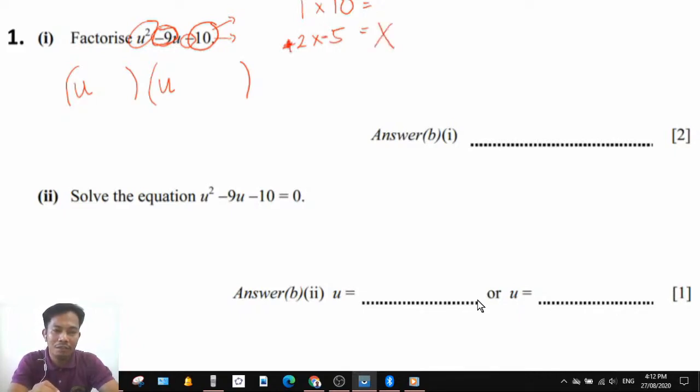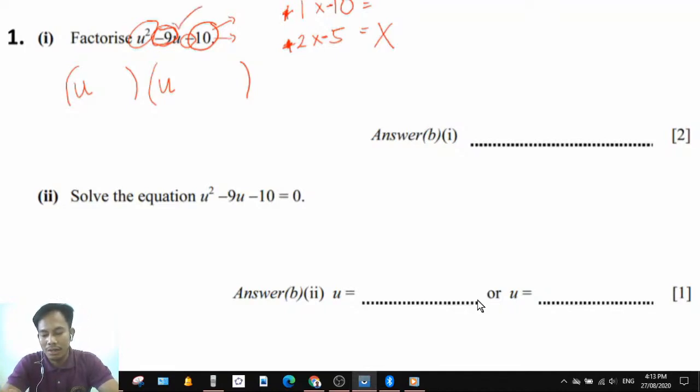But if I add the two numbers, negative 1 plus 10, it will become positive 9. So it cannot be. So this should be negative 10. Negative 10 plus 1 is equivalent to negative 9. So I got it. So it should be 1 times negative 10, which is negative 10. So I'll have now negative 10 and positive 1. Okay, so the answer here is u plus 1 and u minus 10.